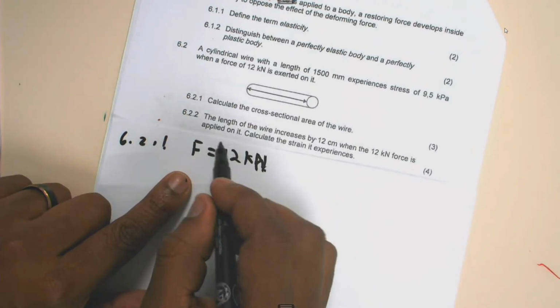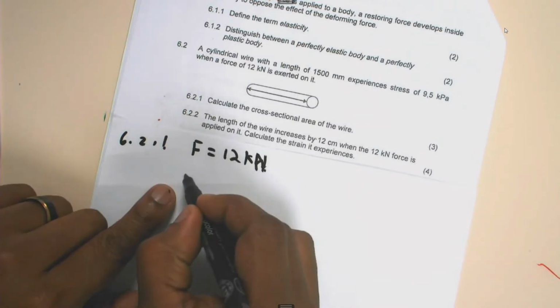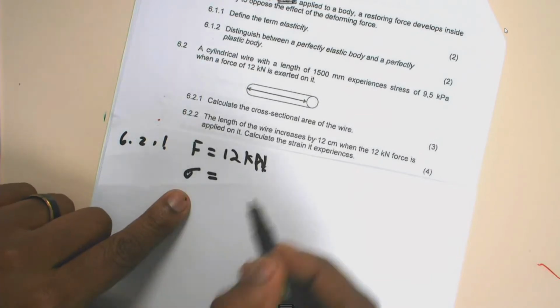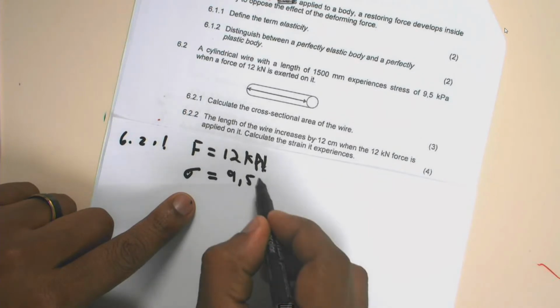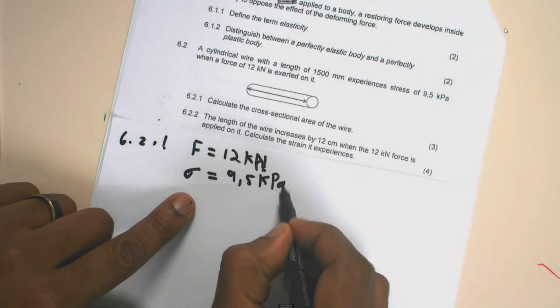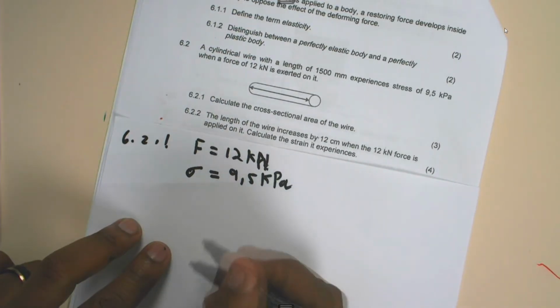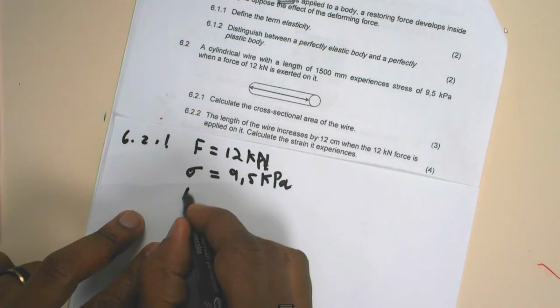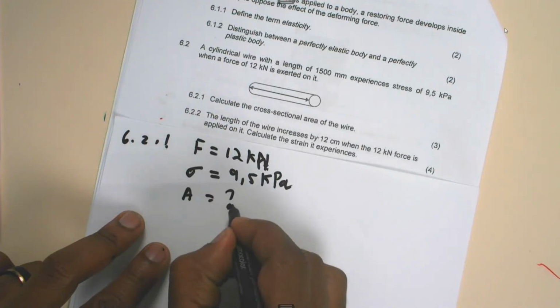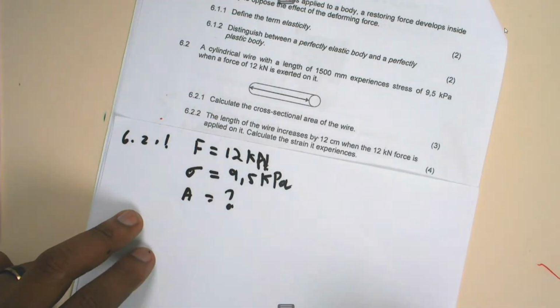What else do I have? I have stress, which is 9.5 kilopascal. And then what is it that they ask me? They're asking me to calculate the area of the wire.